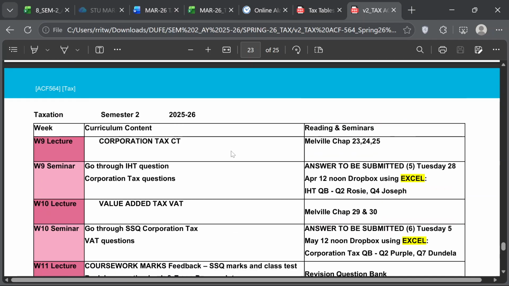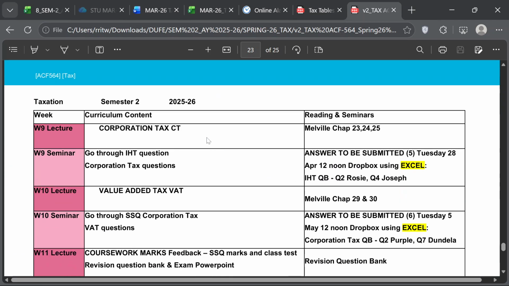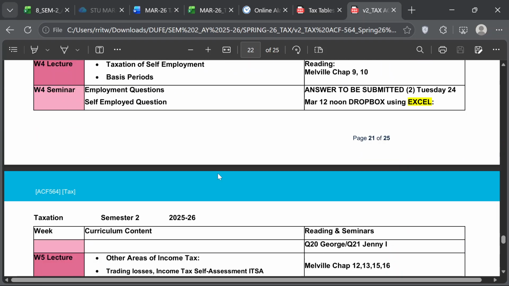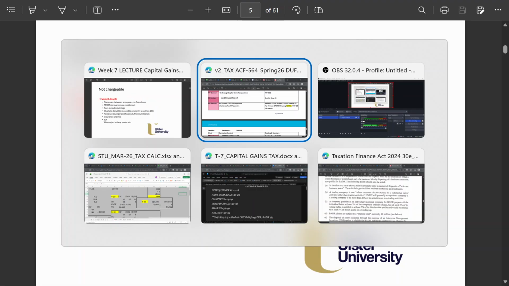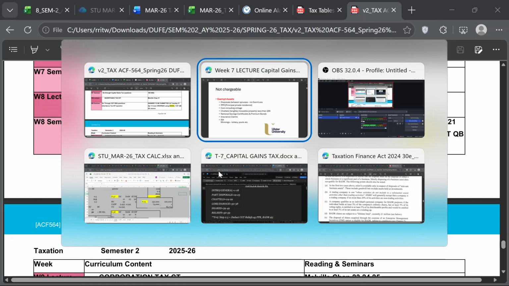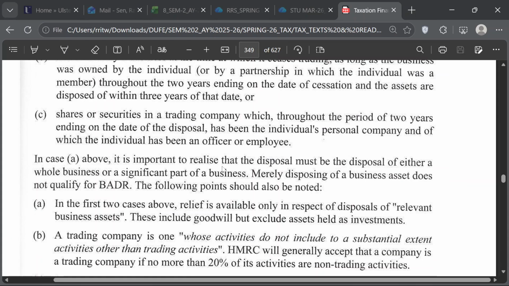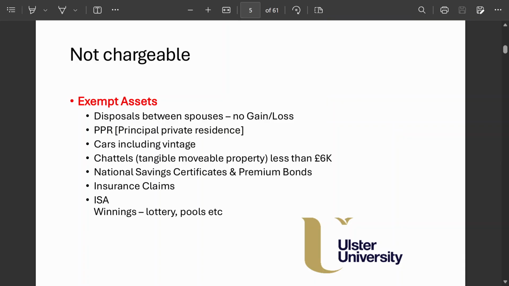After this we have capital gains, then we have inheritance, then we have corporation tax and VAT. So we'll have about 7.5 topics if you think about it. When you're studying from the textbook, always make sure you study with the textbook, also referring to the textbook.